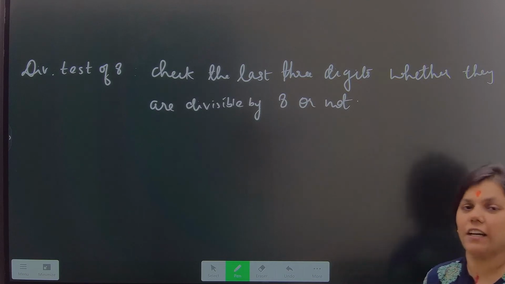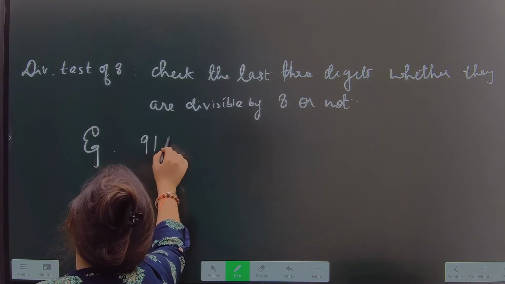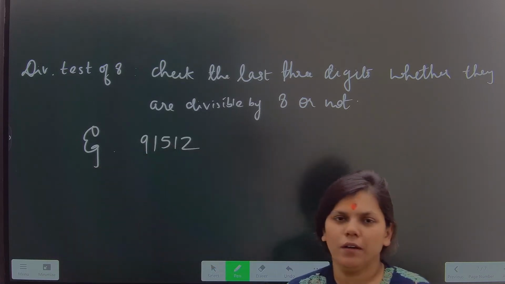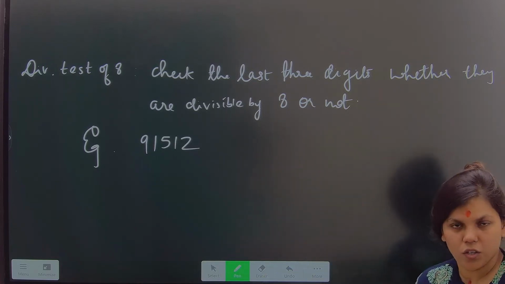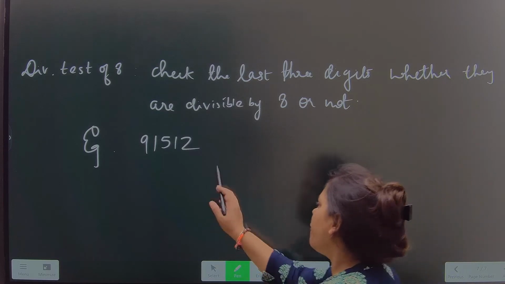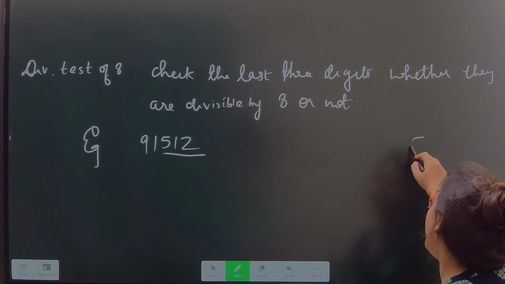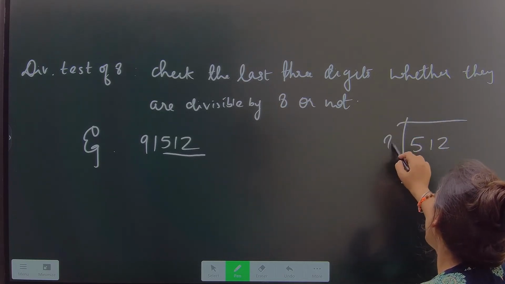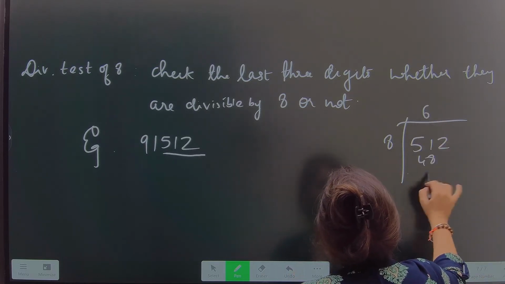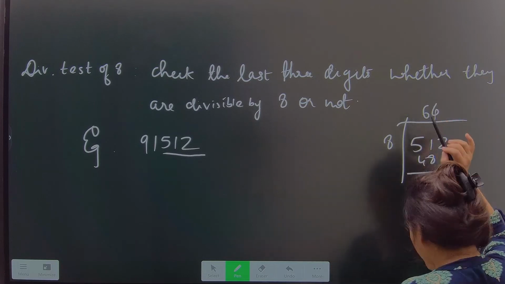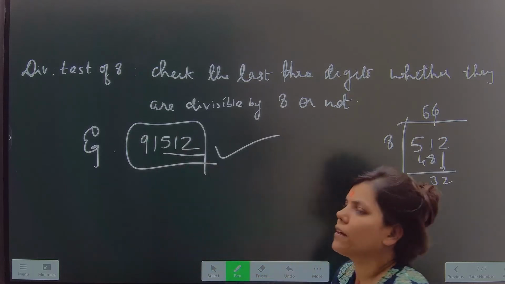Last 3 digits need to be checked. Example, 91512. Now this is a 5-digit number. You need to check whether it is divisible by 8 or not. So the last 3 digits are 5, 1 and 2. So is 512 divisible by 8? Let us check. Yes, it is. So hence this number is divisible by 8.